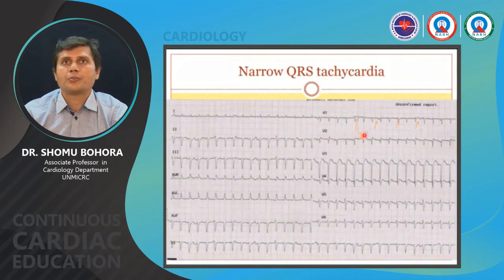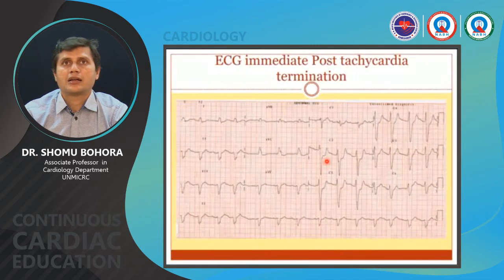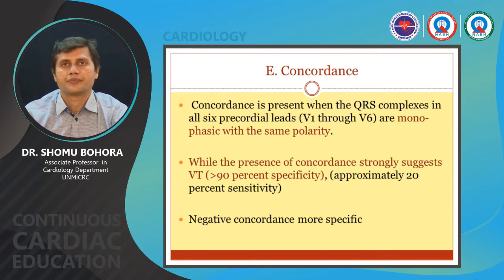So a narrow complex tachycardia being a VT is definitely more dangerous as compared to just a broad complex tachycardia in a normal heart. And if you have a baseline QRS which is broad and a tachycardia QRS which is narrower, it suggests that this tachycardia was a ventricular tachycardia.